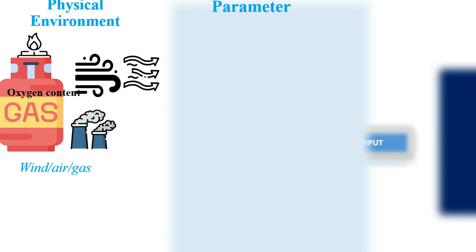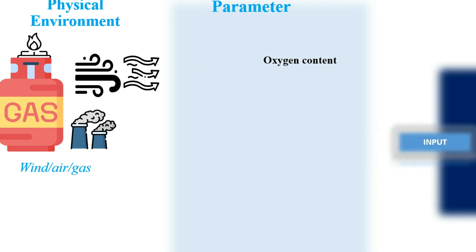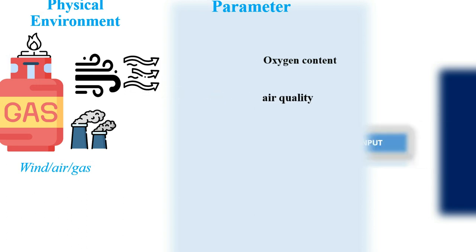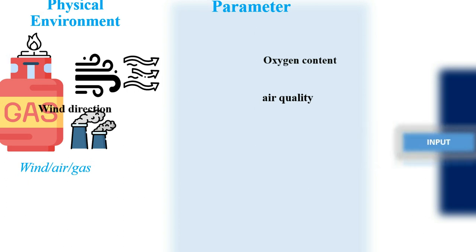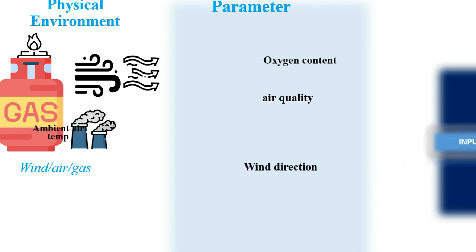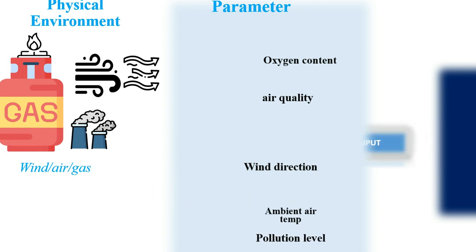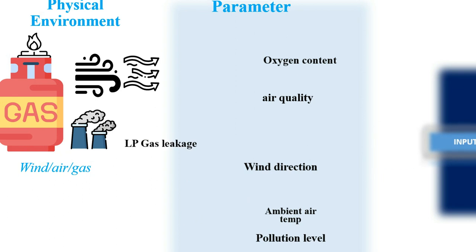All these are the parameters that you may actually measure: the oxygen content in air quality, how much you have as carbon monoxide, as carbon dioxide in ambient air, wind direction, ambient air temperature, pollution level. All these parameters need to be analyzed in this physical environment. LP gas leakage, I've talked about this.